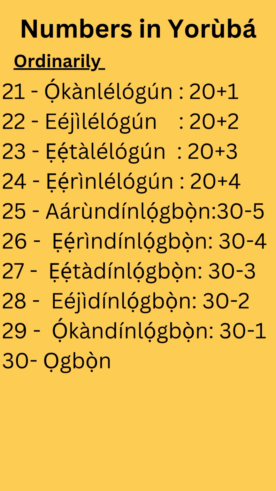Then when it comes to the fifth one, you don't add 5. You subtract 5 from the upcoming rounded number. That's why 25 is àrùndínlọ́gbọ̀n, 26 is ẹ̀rìndínlọ́gbọ̀n, 27 ẹ̀ẹ́tàdínlọ́gbọ̀n, 28 èjìdínlọ́gbọ̀n, 29 ọ̀kàndínlọ́gbọ̀n, 30 ọgbọ̀n.